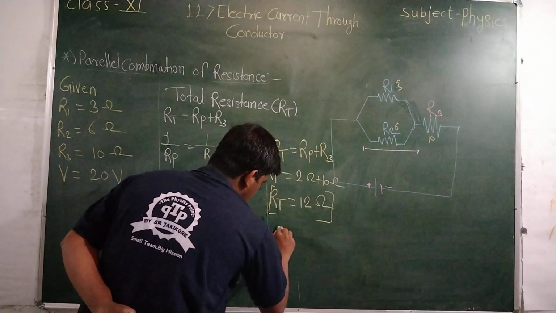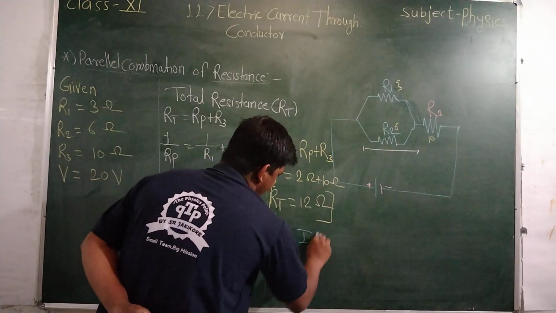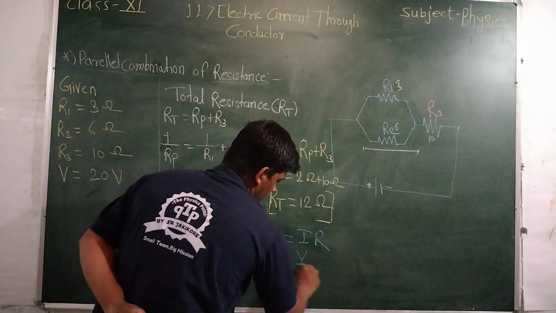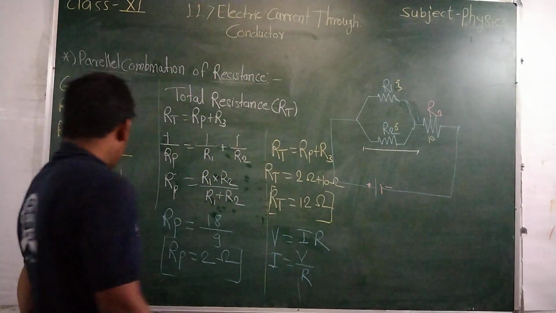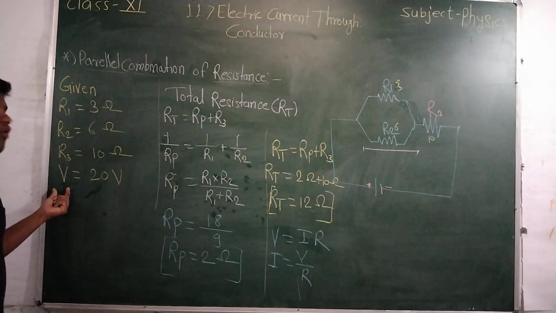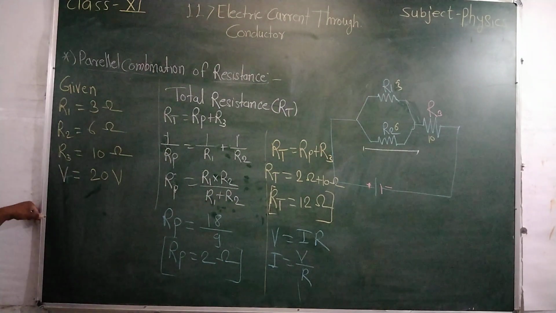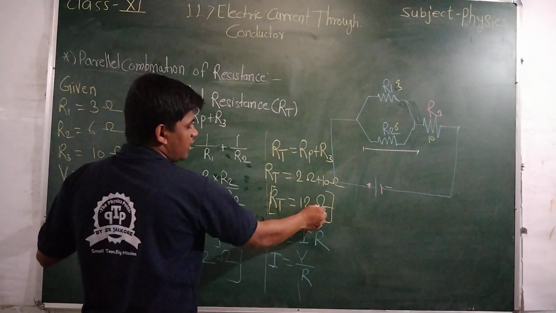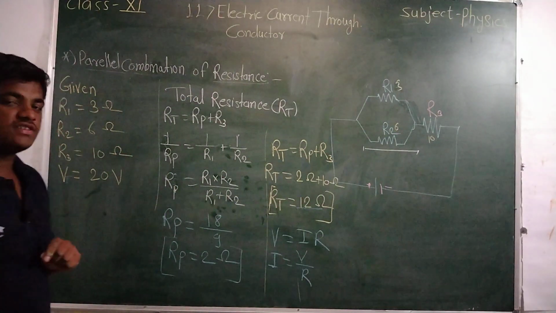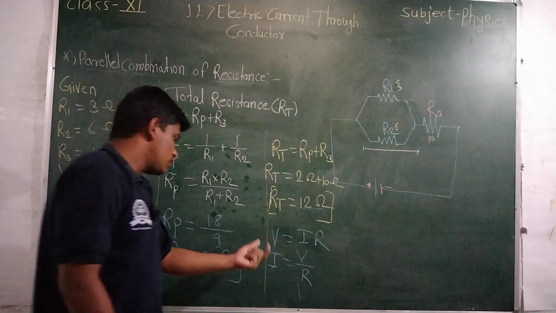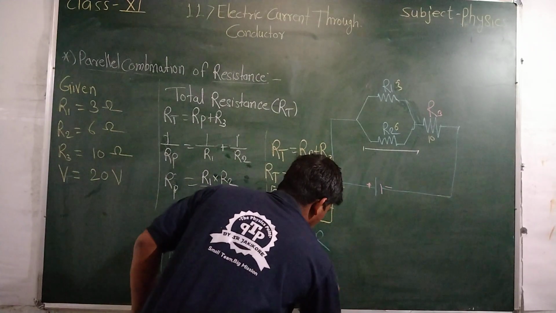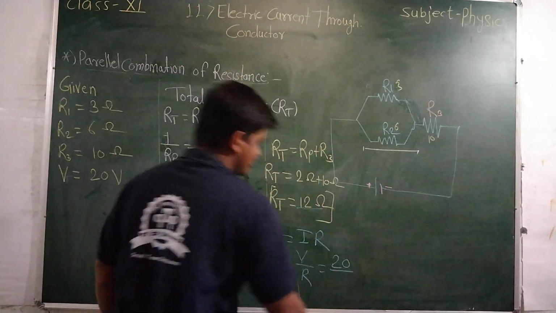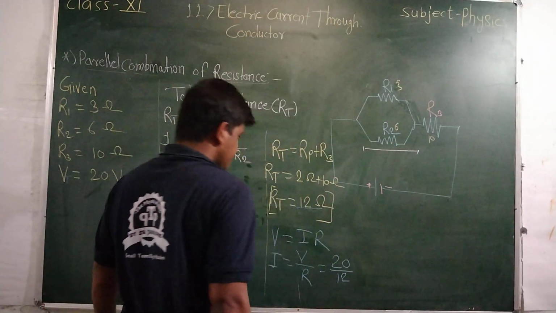Using Ohm's law, V is equal to IR, then I is equal to V divided by R. This is the total potential difference across the circuit, and this is the total resistance of the circuit. The total voltage is 20 volt divided by the total resistance 12.